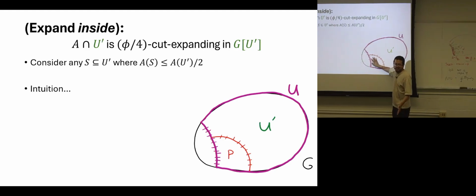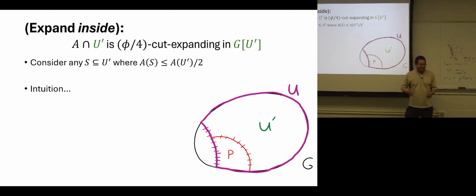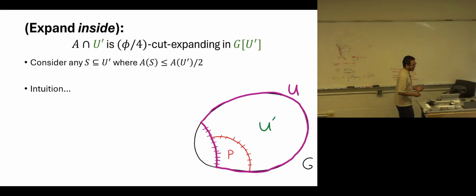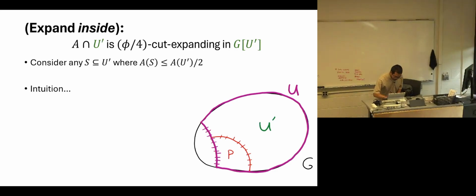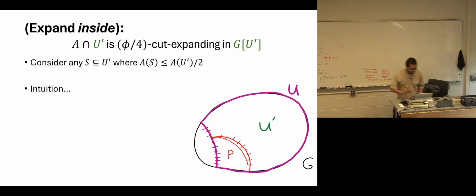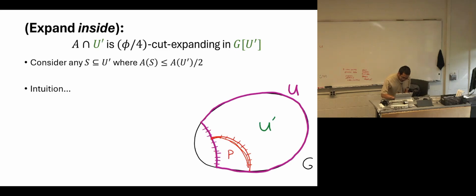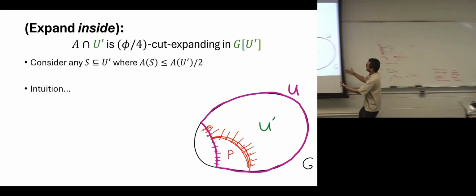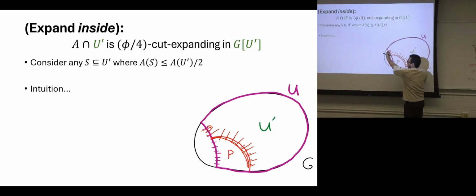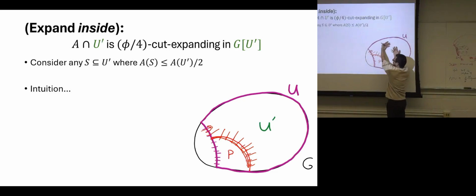But actually the same reasoning can be applied, because when you have P here, you know that all edges from the min cut, the red battery here, can send flow to its complement, to U prime.